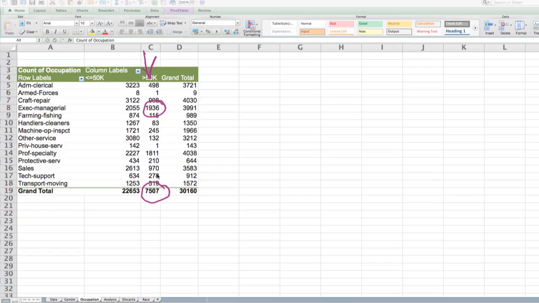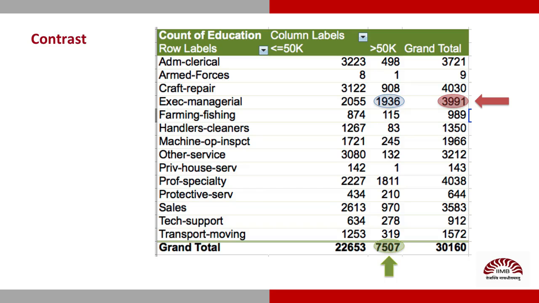Now contrast this with 48.5% for the other way around. What we did was to contrast 1936 with 3991. Remember that? The denominator went from nearly 4,000 to 7,500. Yes, that's the number of people making over $50,000.